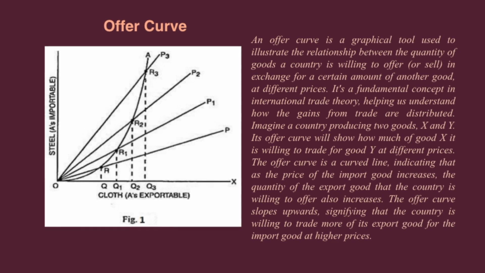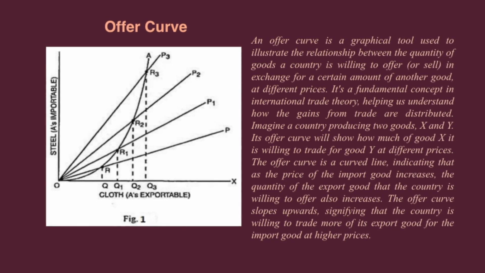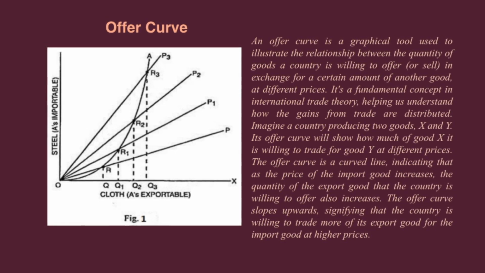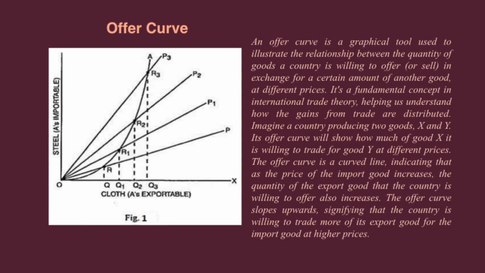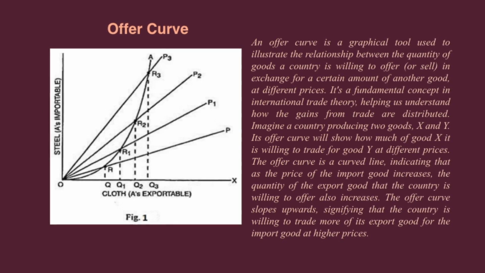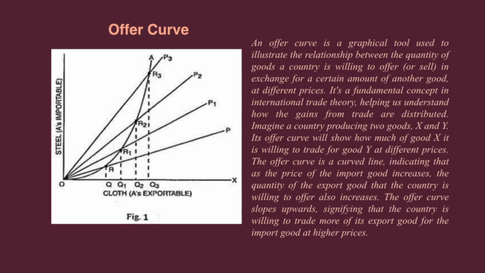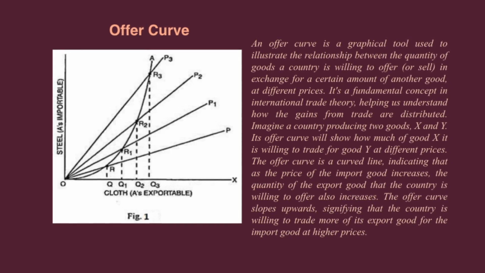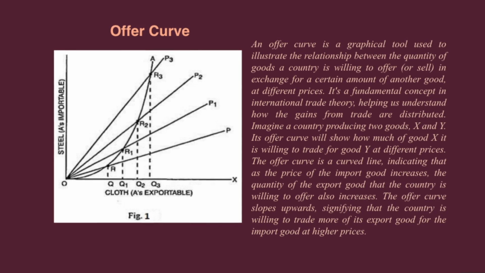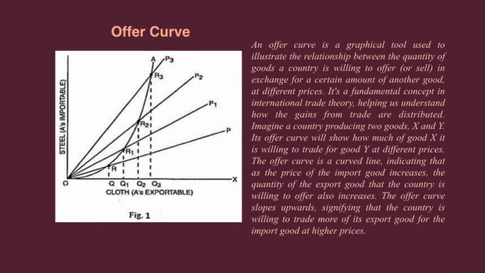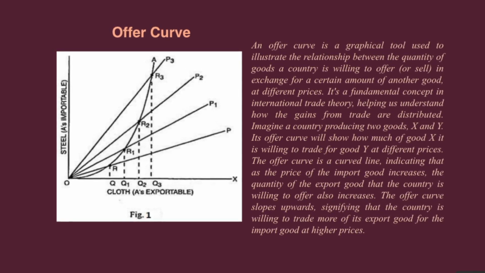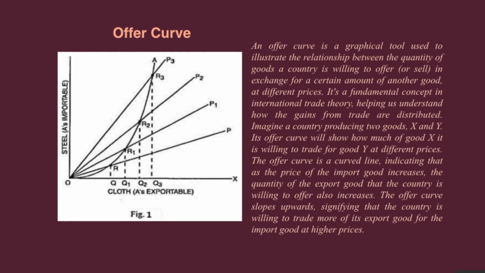We should start from the point of origin, O, which I have already explained: the offer curve always starts at the point of origin and touches the intersecting points. So in the diagram in figure 1, if you join all the intersection points along with the point of origin, you will get the offer curve for country A. This is how we can draw the offer curve.